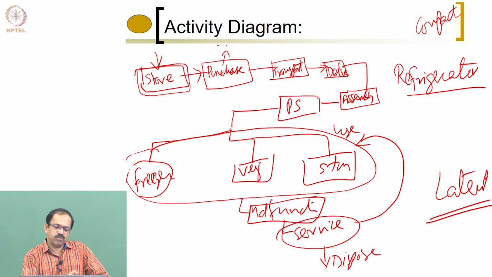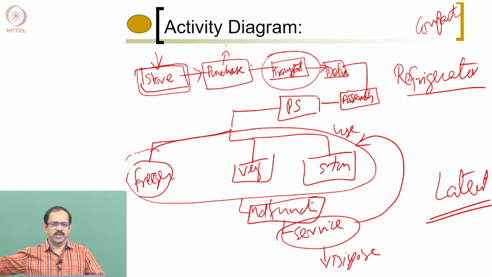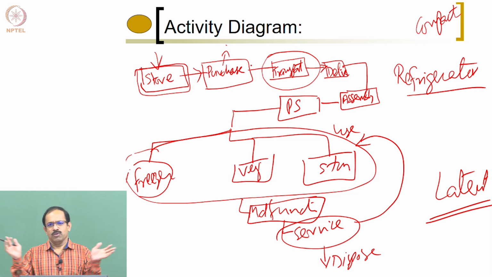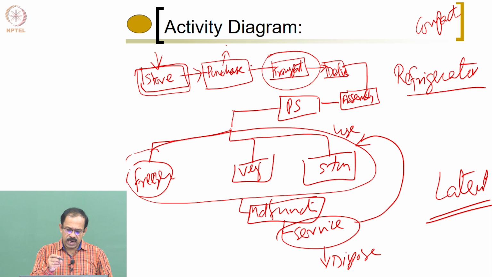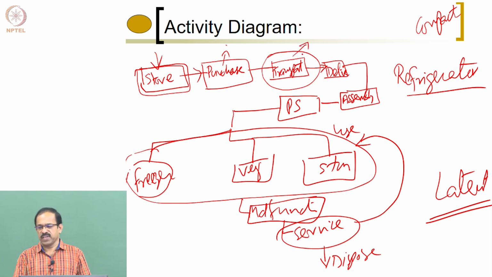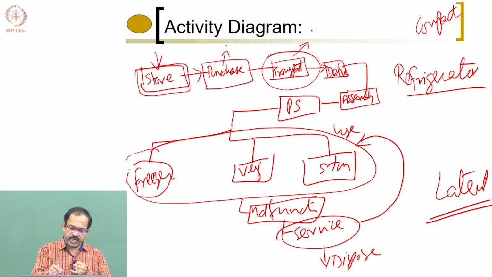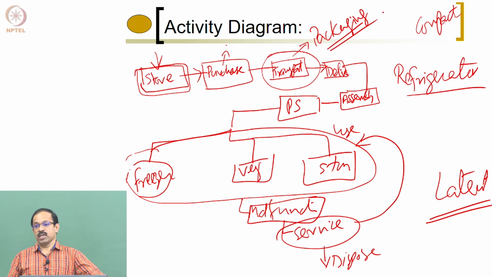And something which the customer won't be able to tell you is about transport. He is not worried about how you transport it, right? He is worried that as long as it comes to your house, you are happy with that. But there is a transportation involved in the product life cycle, and therefore two things: one, it should be lightweight, and the other one, the packaging should be proper so that it will not get damaged during transport.